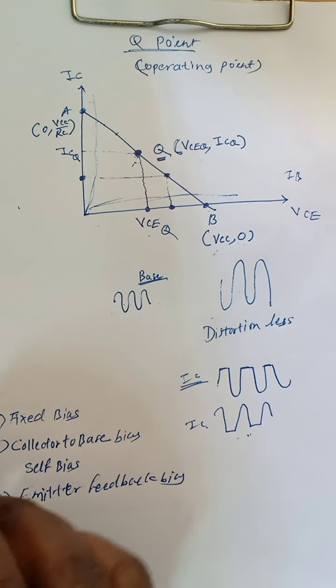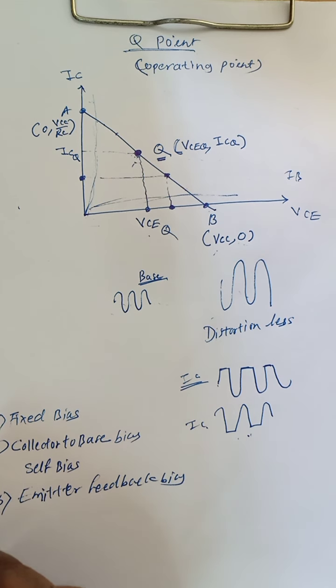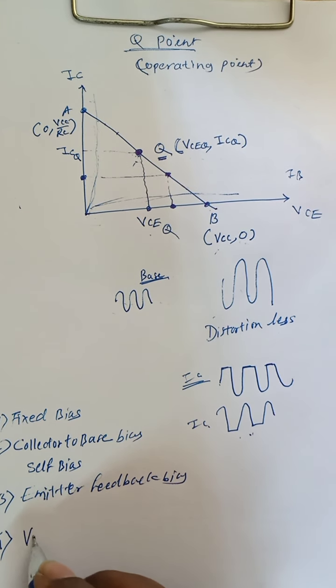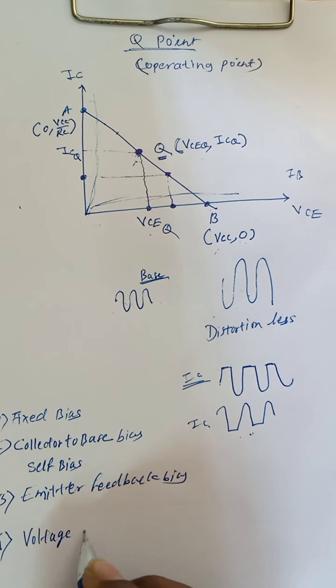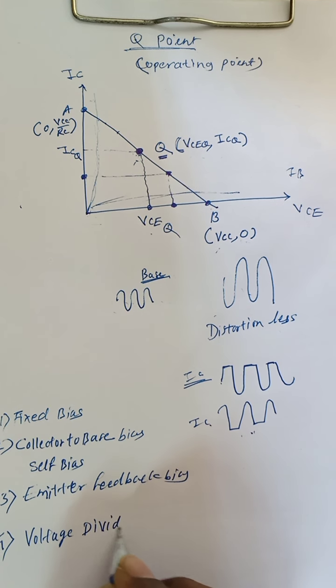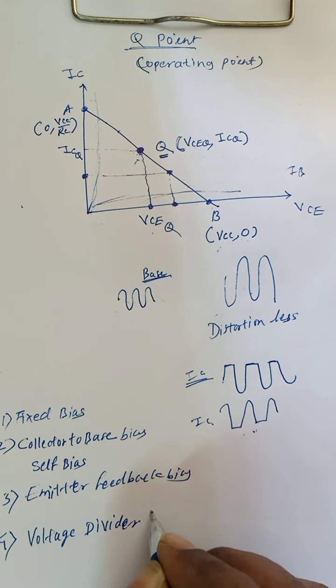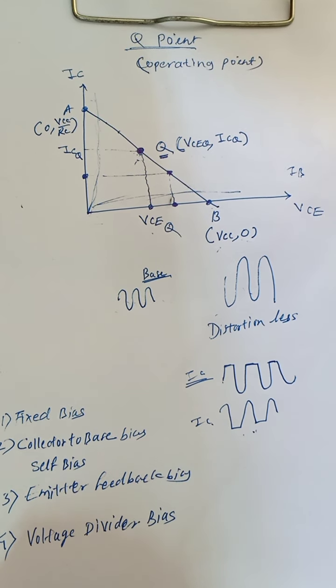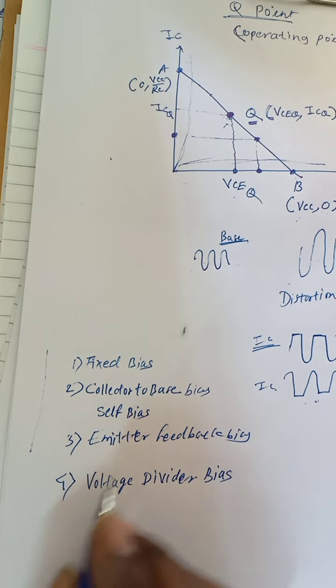These are the different biasing methods, and the last one, the most important biasing method, is voltage divider bias. This is also known as stabilized bias.